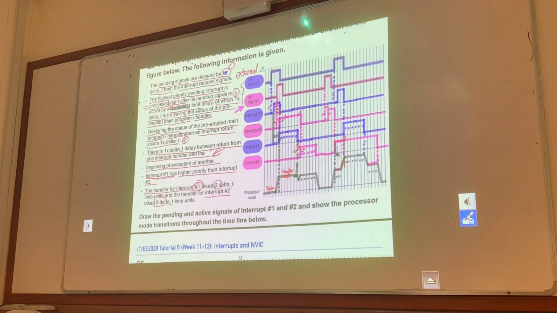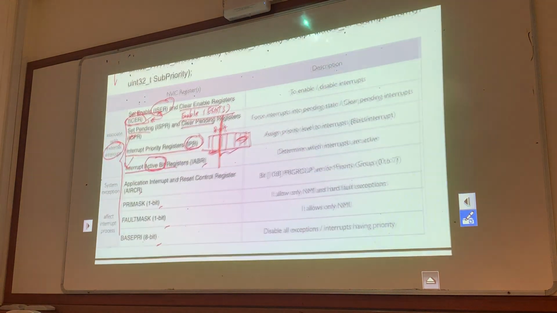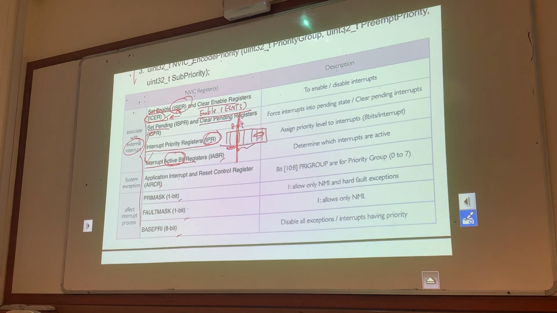We are not using it because once you set the priority levels for two different devices, just like the previous question, your NVIC is handling those internal registers. Your NVIC knows exactly which one should be handled first and which one next. It works on those internal registers to draw the waveform like how we drew just now.